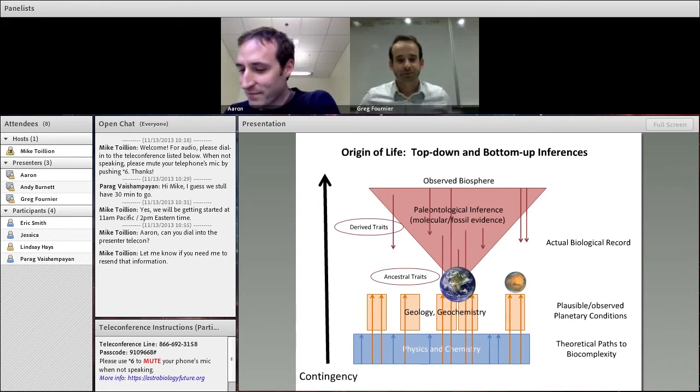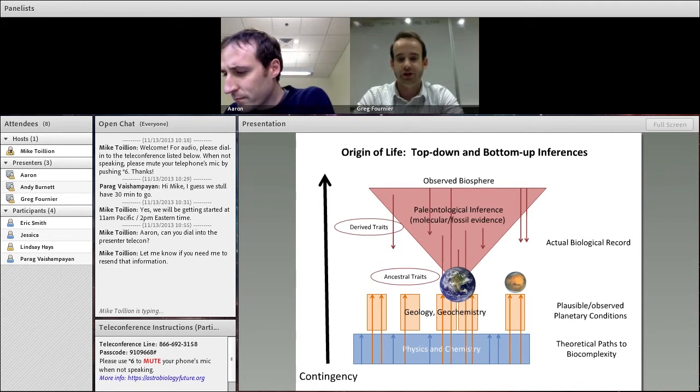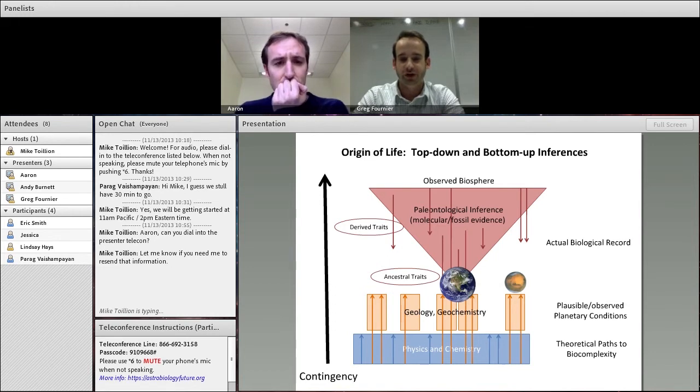Right. So there are two major approaches to investigating the nature of LUCA, or the nature of microbes that were existing at the time of LUCA. These are top-down approaches, which Aaron just briefly hit on, which is doing comparative genomics and trying to work backwards to the root of the tree of life, given what we know about existing biological systems.